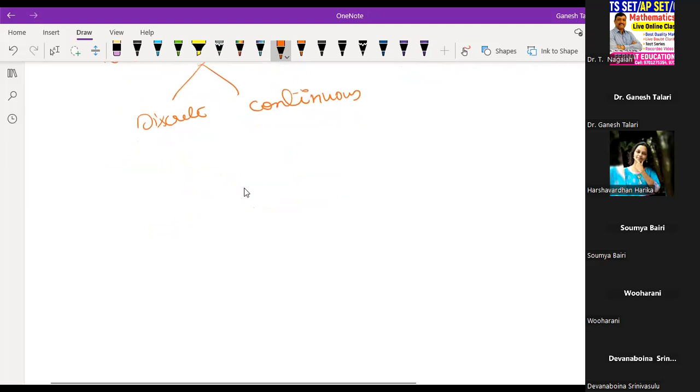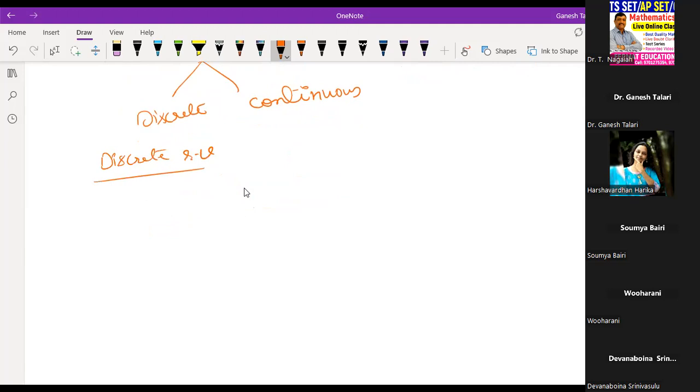Okay. So now we can write the discrete random variable. With that, we are going to write the probability mass function, or simply PMF, probability mass function.